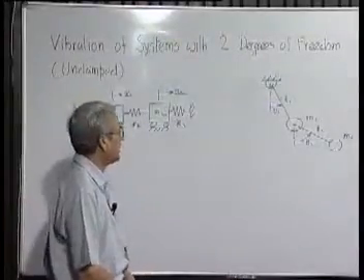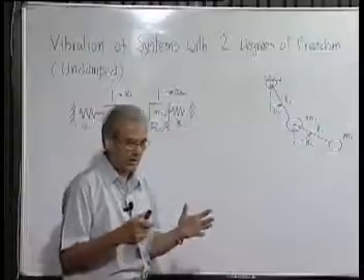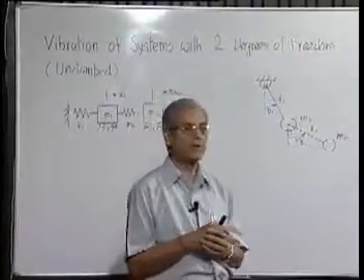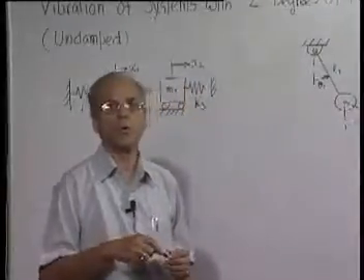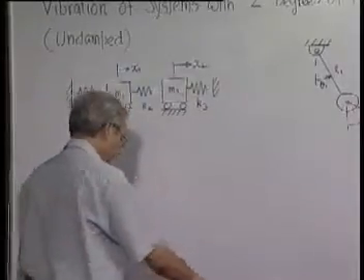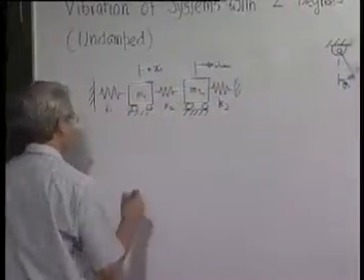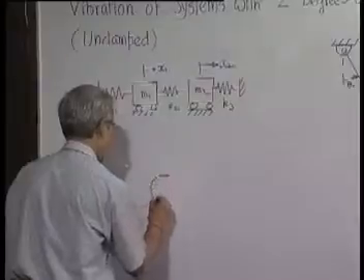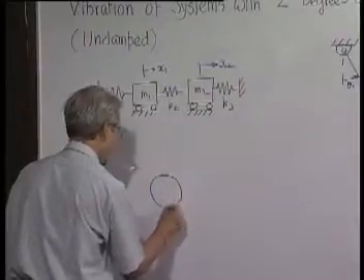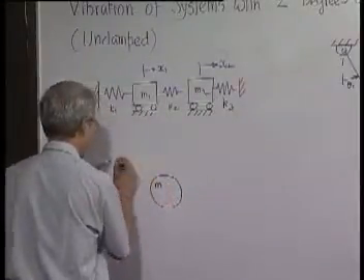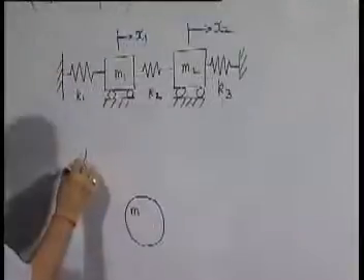This is another case of 2 degree freedom. As you can see, the displacements from the equilibrium position are represented by 2 angular rotations of the 2 rods of length L1 and L2. The displacement coordinates are theta1 and theta2.